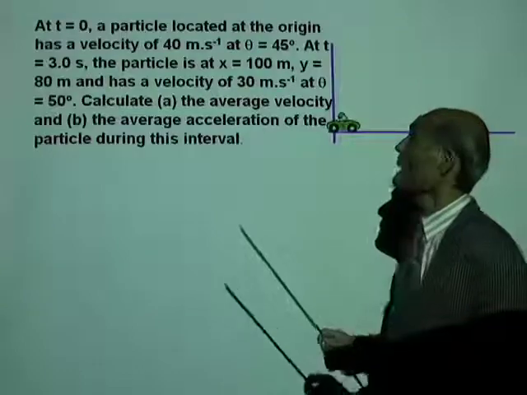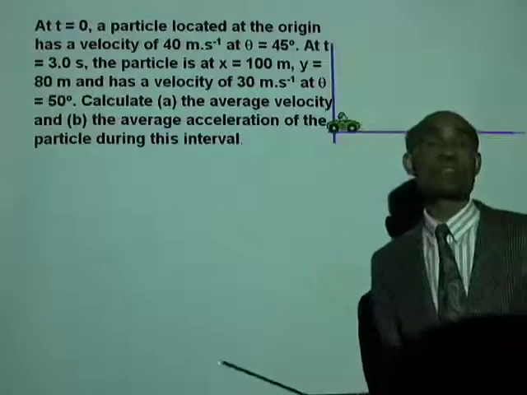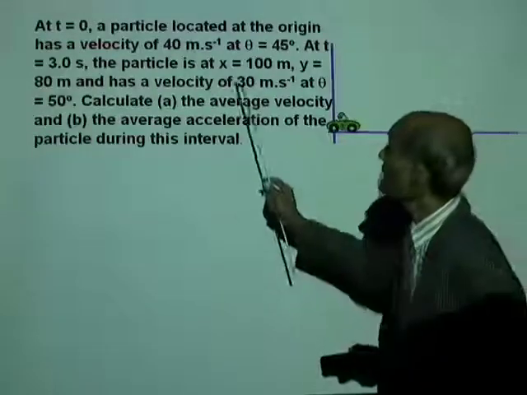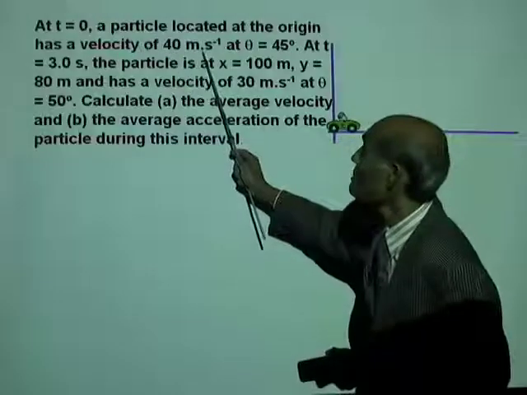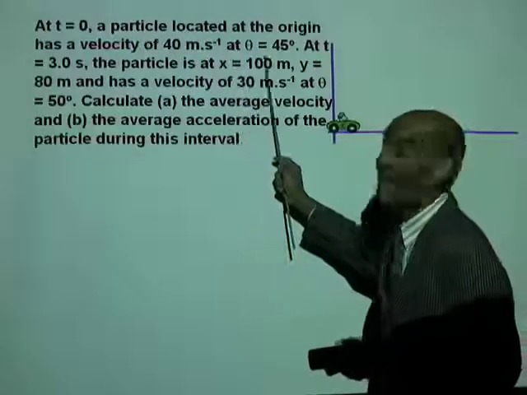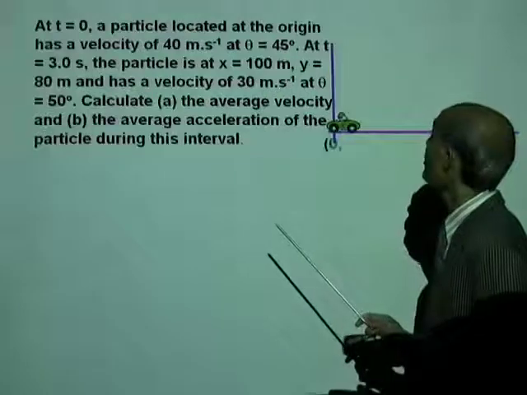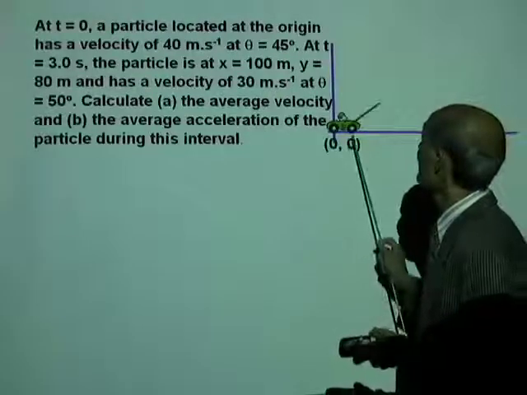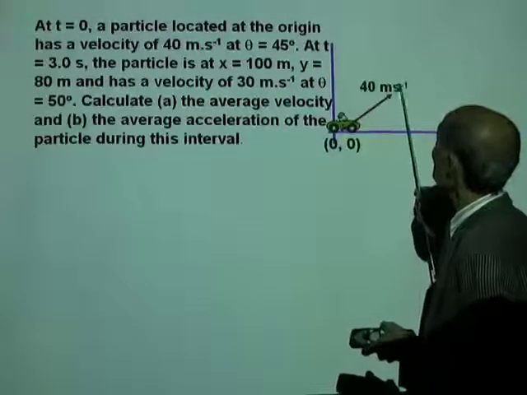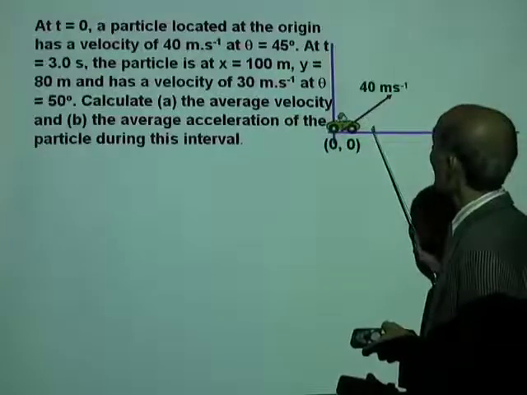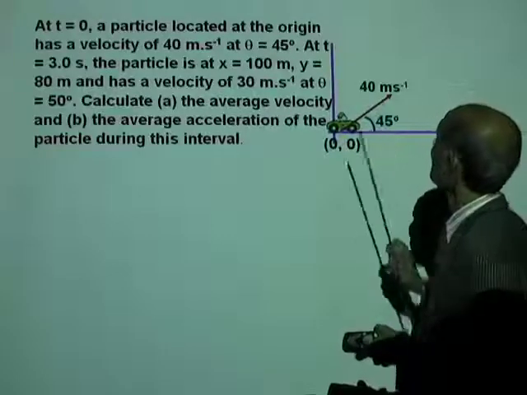So the particle at t equal to 0 is at the origin, and it has a velocity of 40 meters per second directed at an angle of 45 degrees.